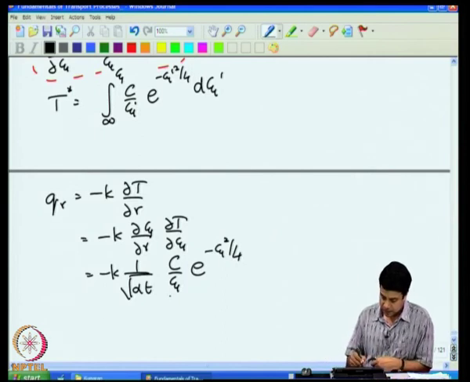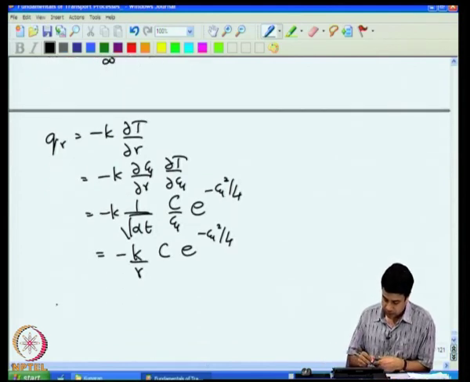Note that psi times square root of alpha t is just the radius r, because psi is equal to r by square root of alpha t. So, this becomes minus k by r into c e power minus psi squared by 4.